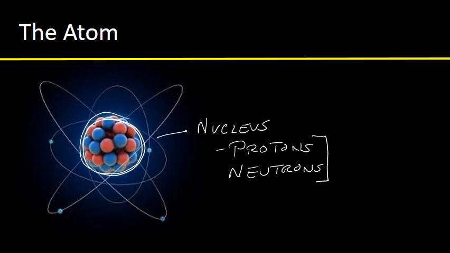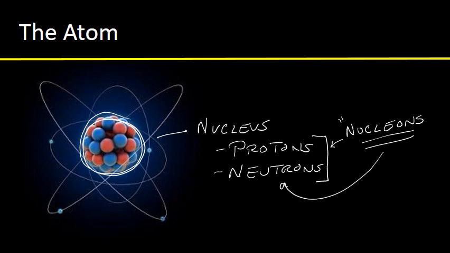A term that I don't see very often, but I think is a useful term to use, is that these two things together, the protons and the neutrons, because they're in the nucleus, are sometimes called the nucleons. So nucleon is a term that means the nuclear particles, and both protons and neutrons would be examples of nucleons.